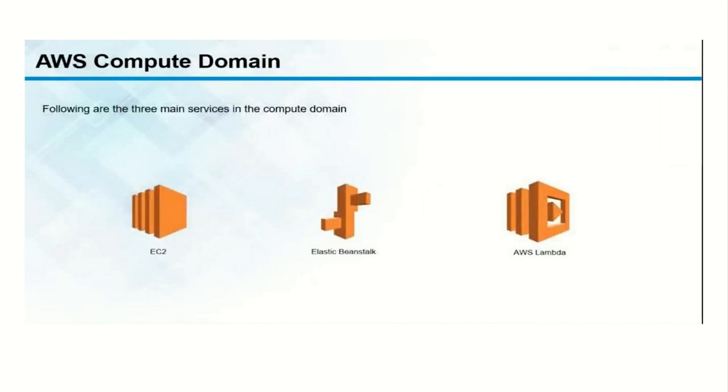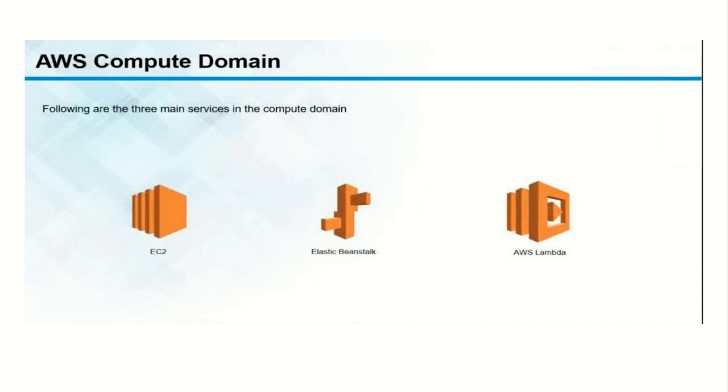We will discuss especially AWS Lambda in this lecture. Why is AWS Lambda a separate service? We are going to discuss what AWS Lambda actually is. That is the AWS compute domain. So the main services under this domain are EC2, Elastic Beanstalk and AWS Lambda.